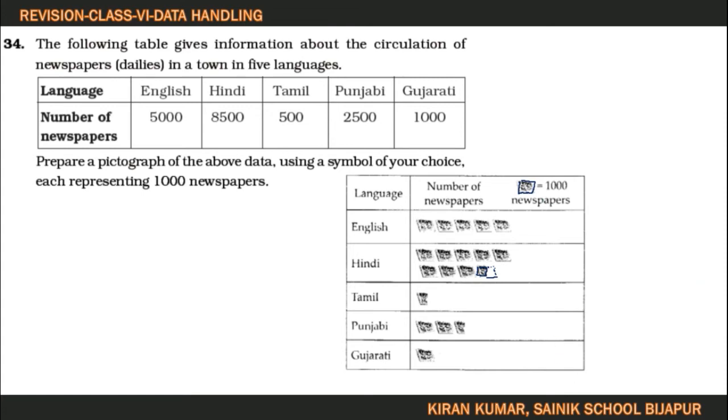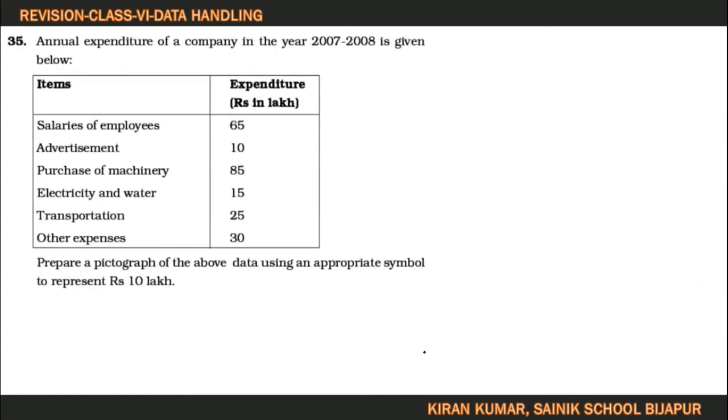Next one is similar to the previous question. We need to make a pictograph. Annual expenditure of a company in 2007 to 2008 is given below. The salaries of employees, advertisement, purchase of machinery, electricity and water, transportation, other expenses.